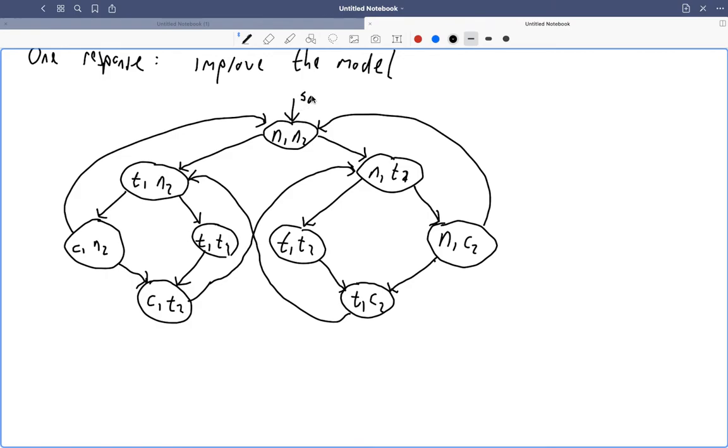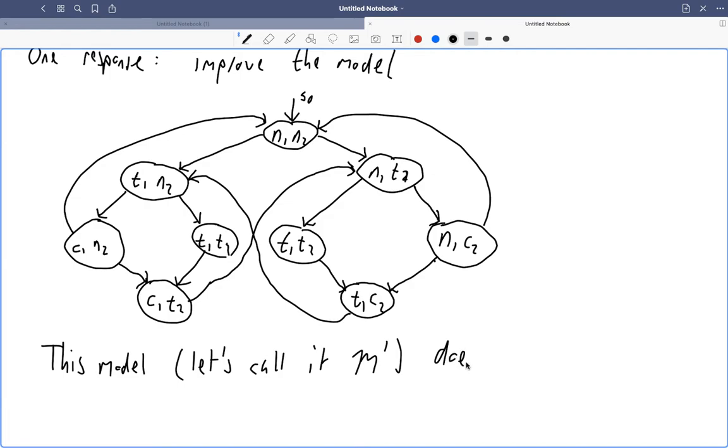So let's again call this S0. And you can verify for yourself. So this model, let's call it M prime, does satisfy, or let's say enjoy, the property, because it's a good property to have.